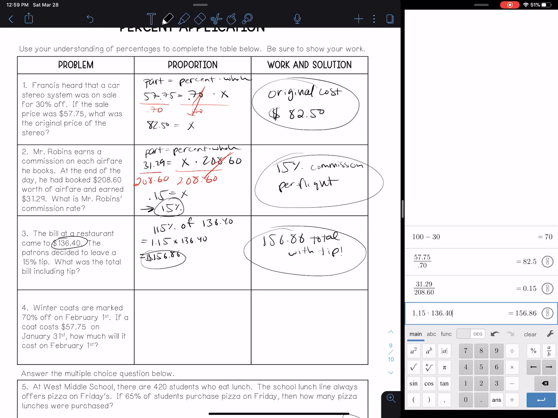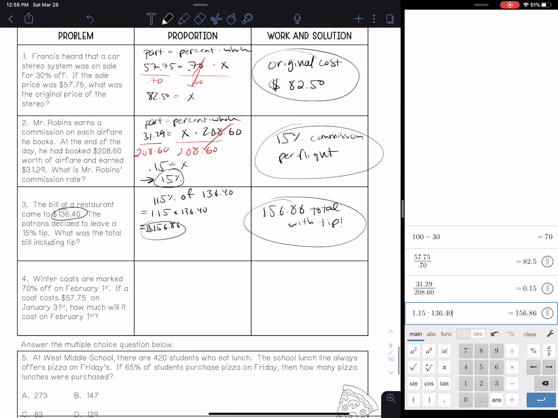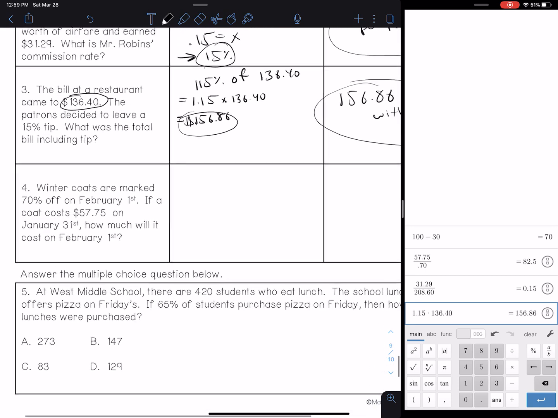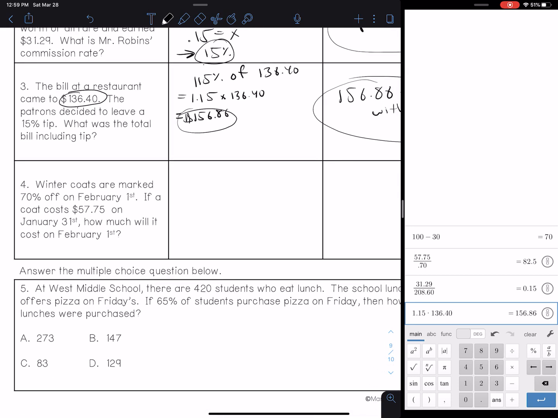Okay. Let's keep on working. Number 4, winter coats are marked 70% off on February 1st. If the coat cost $57.75 on January 31st, how much will it cost on February 1st? So, let's see. Again, I'm going to do this all at once.